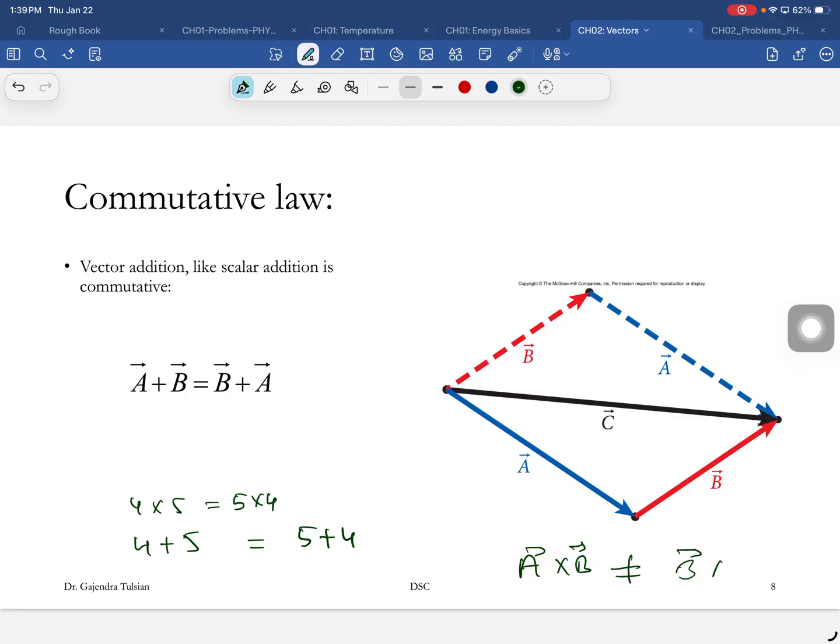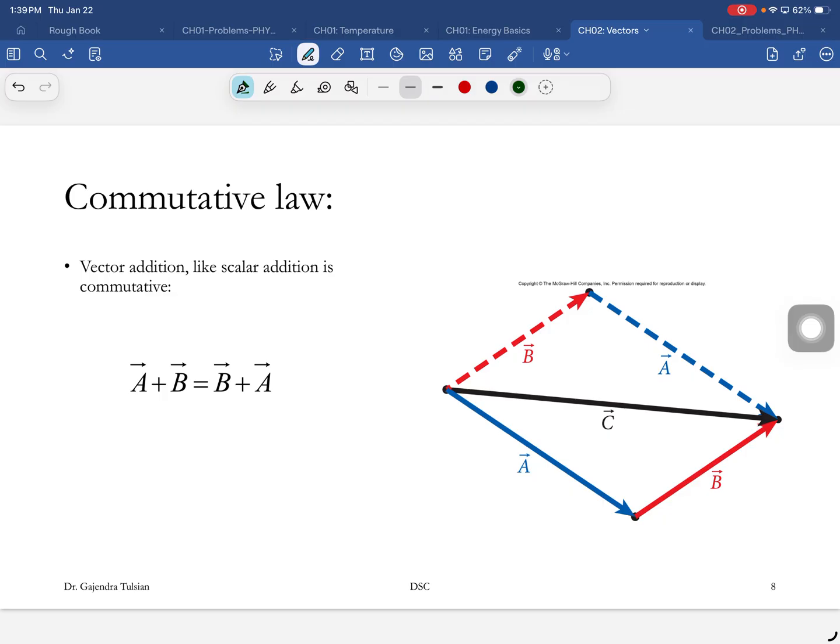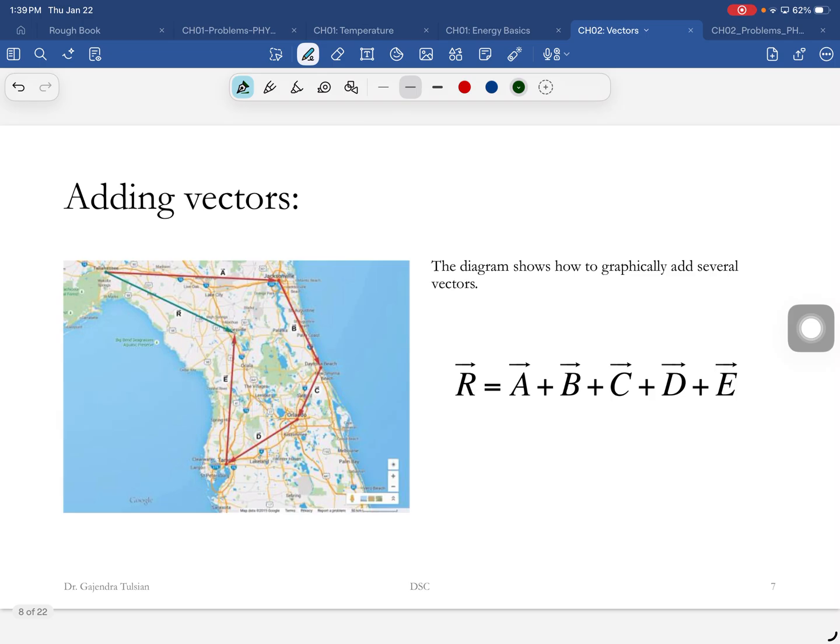All right, so here, what we want to see is, what we're going to do is add B plus C first, and then add the sum to A. And we want to see if that's equal to if you add A plus B first and then add that to C. And hopefully the results will be the same. So here is A, B. So this is A, B, A plus B, and then here's C. A plus B and C, that's this guy.